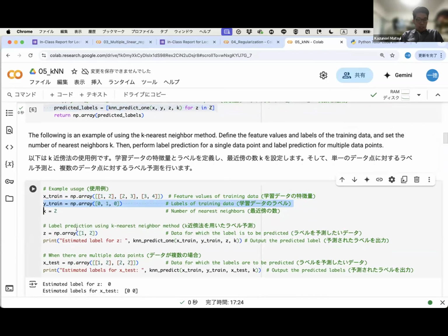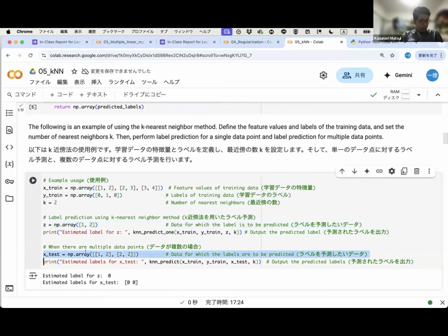If we use the k-nearest neighbors method with k is 2, we can write code like this to predict the label for data points z. For cases with multiple data points, we can use the knn_predict function we created earlier to predict labels for multiple data points at once.